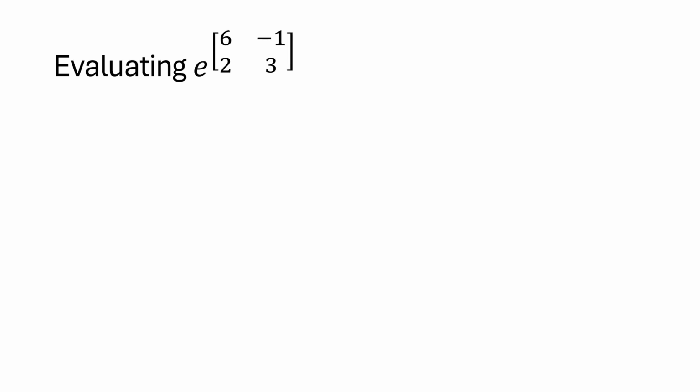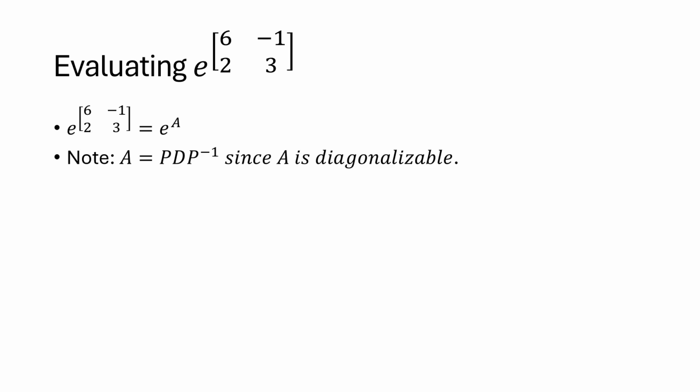And to evaluate e to the power of A, what we can do is utilize the concept of diagonalization, basically decompose A into these respective matrices, where the matrix D is a diagonal matrix with eigenvalues in each diagonal entry, and the matrix P contains the eigenvectors of the matrix A, right?